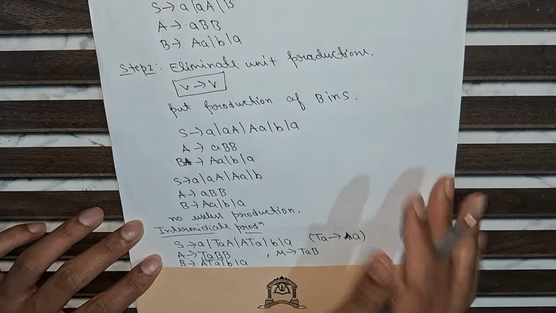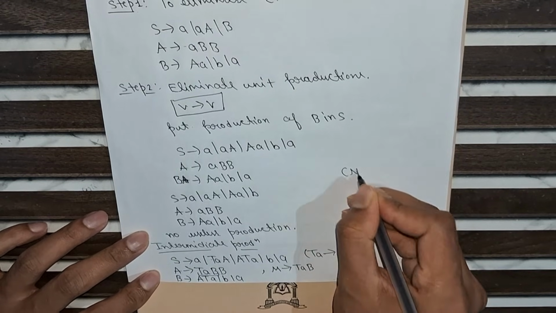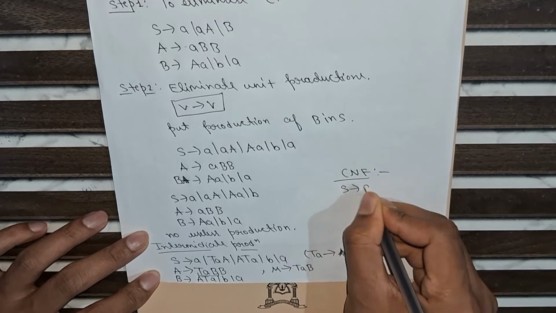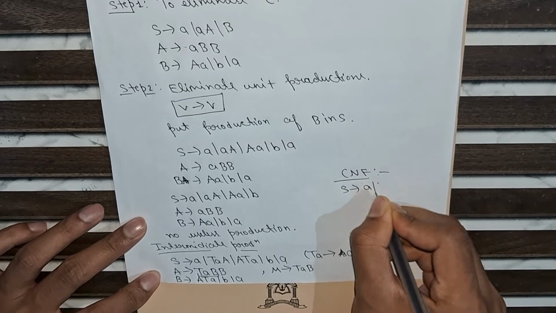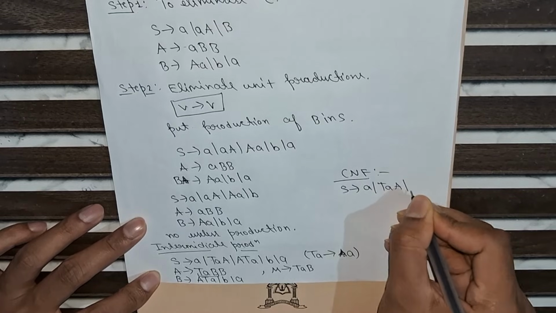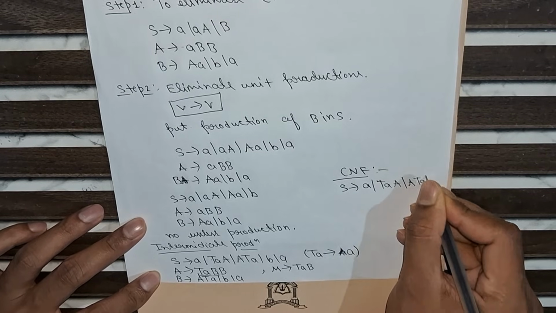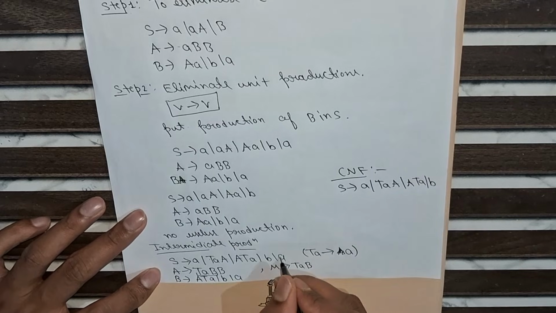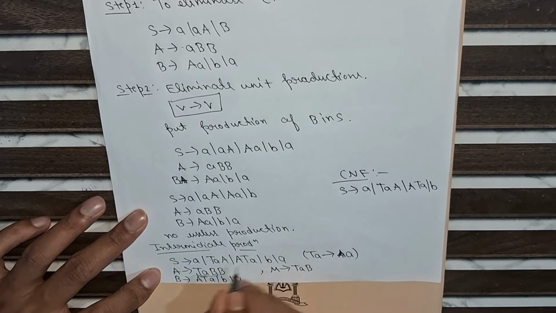So the final grammar in Chomsky Normal Form is: S implies A Ta, A of Ta, and B, because a is already there, so I will not repeat it again.